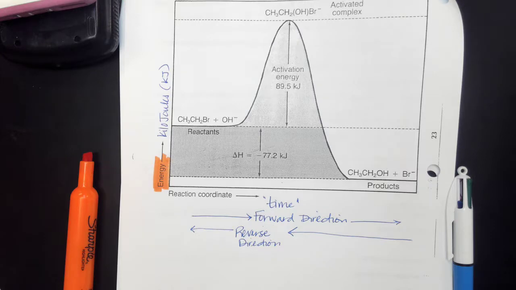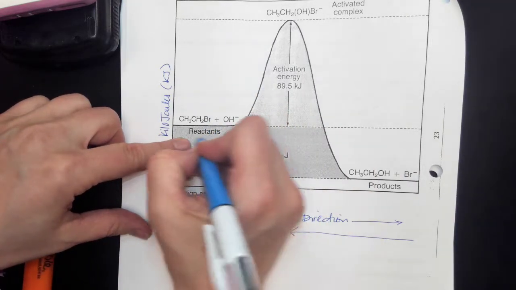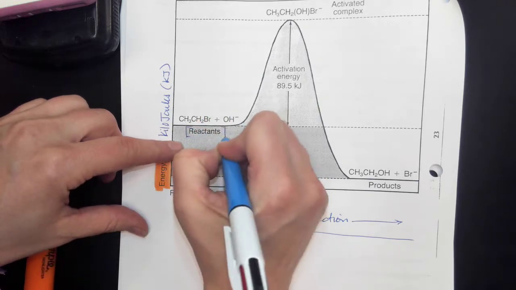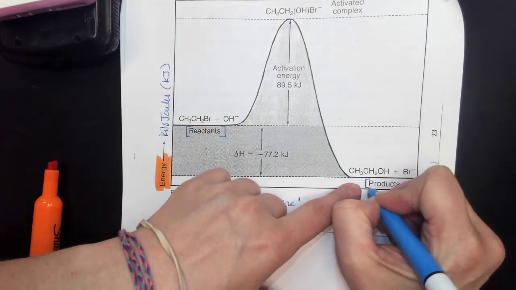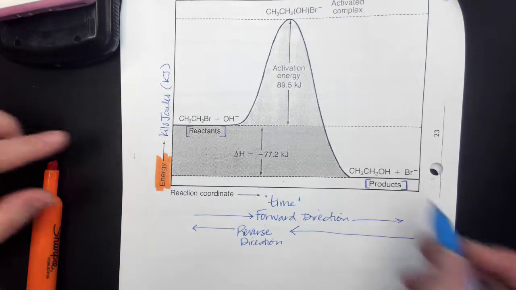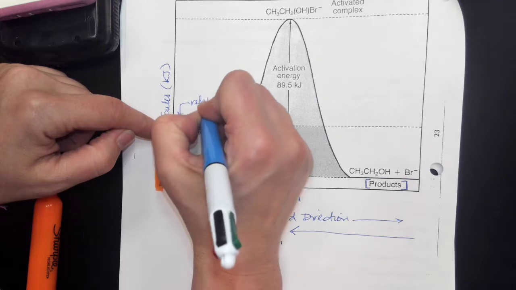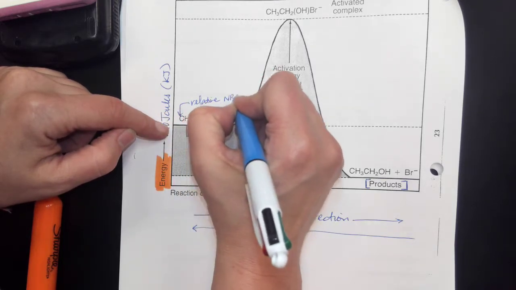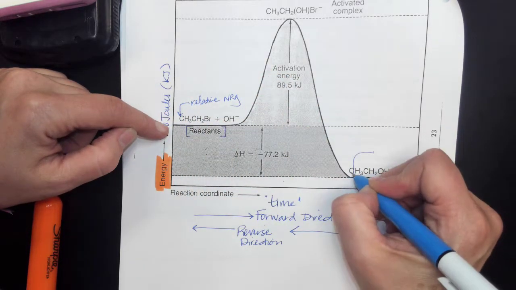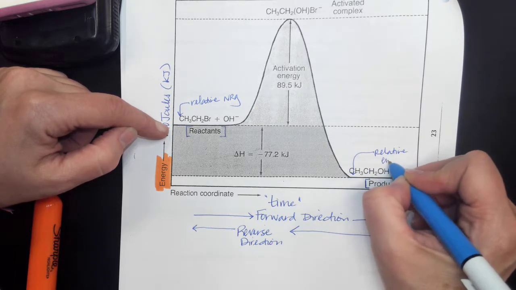On my graph, reactants are listed on the left, products are listed on the right, and this line is called the relative energy. And this line right here would be the relative energy of the products.